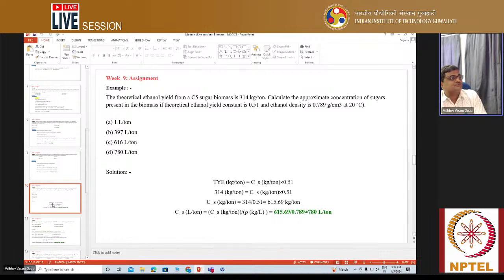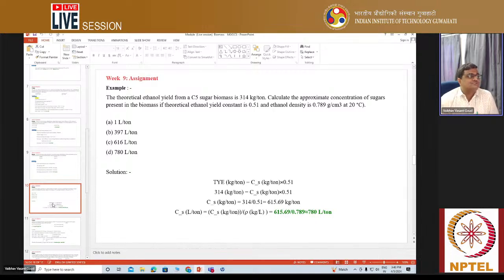Because the theoretical ethanol yield from the C5 sugar is given as 314 kilogram per ton. Based on this, we need to calculate the approximate concentration of the sugars present in the biomass if the theoretical ethanol yield constant is 0.51, and ethanol density is always known as 0.789 gram per centimeter cube, but that is at 20 degrees C. So this data is sufficient to calculate the approximate concentration of the sugar.